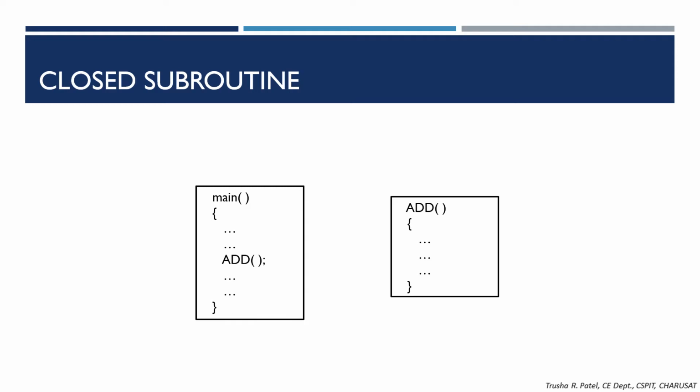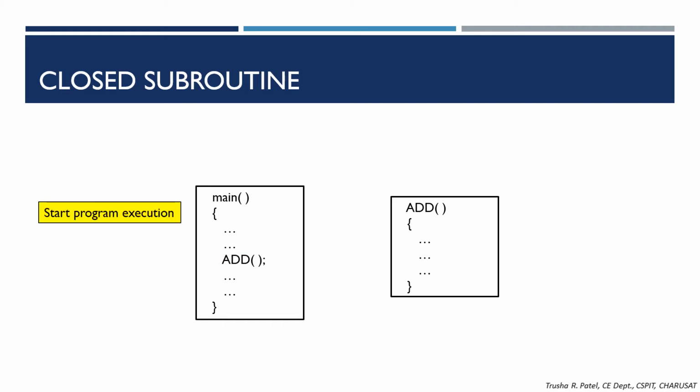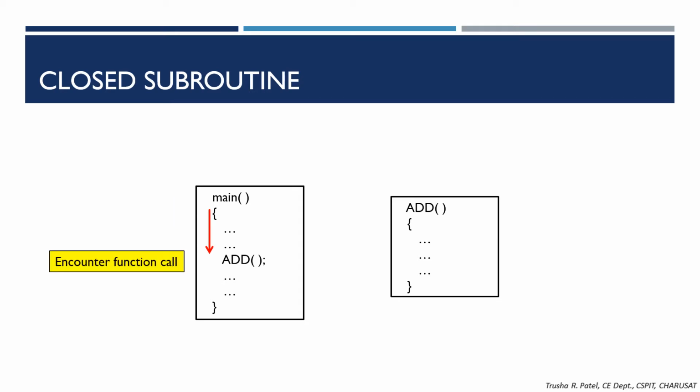Let us take an example. In my main, I have a call for that subroutine, and the body of that subroutine is available outside my main. So this is your subroutine call and this is the subroutine definition. Program execution will start from main and go till the call of your subroutine.